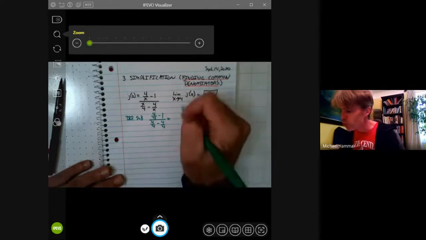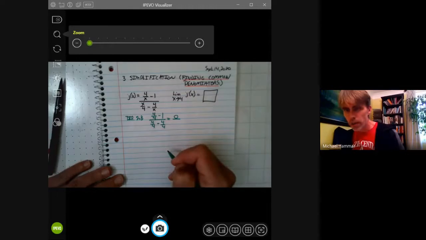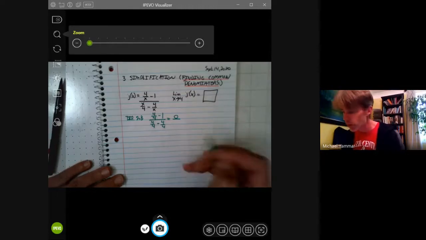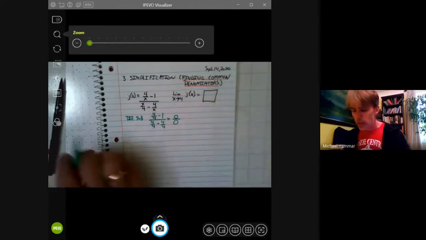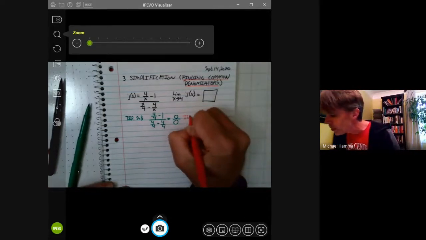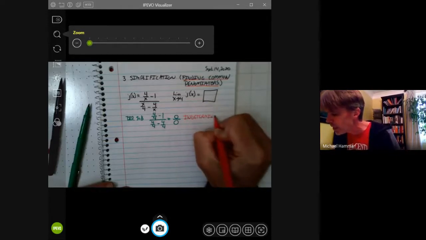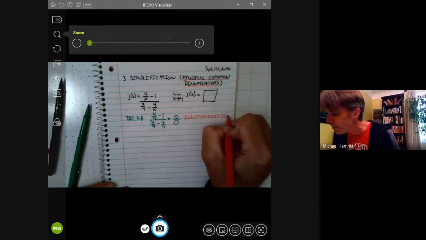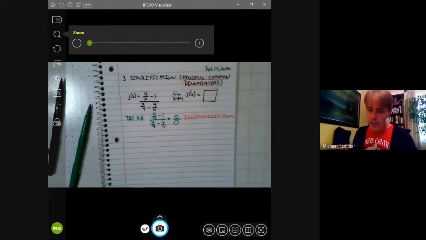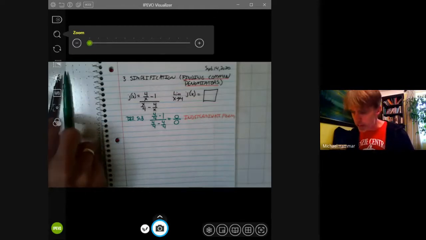So 4 over 4 is 1, minus 1 is 0, and 4 over 4 is 1, minus 4 over 4 is also 1, so that is 0. This again is the indeterminate form. You need to remember that phrase. When you have 0 over 0, it's the indeterminate form.